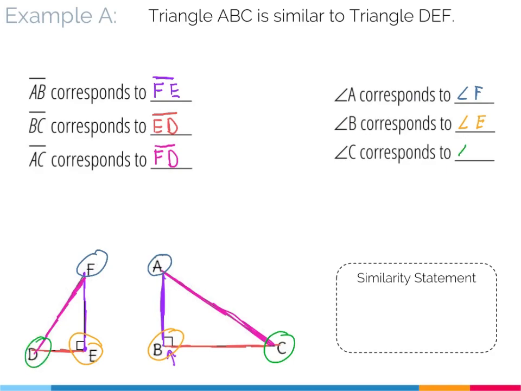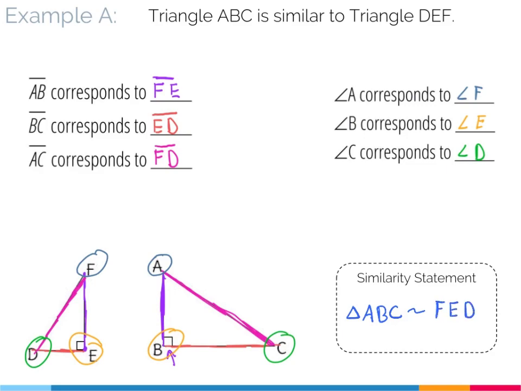So again, angle D. Now we need to write a similarity statement, or a statement that is true about these triangles. The key is that I'm going to write it in the same order for both triangles. So for example, triangle ABC, so I'm going to put a triangle symbol, triangle ABC is similar, and that's what that little symbol means, is similar, to triangle FED.